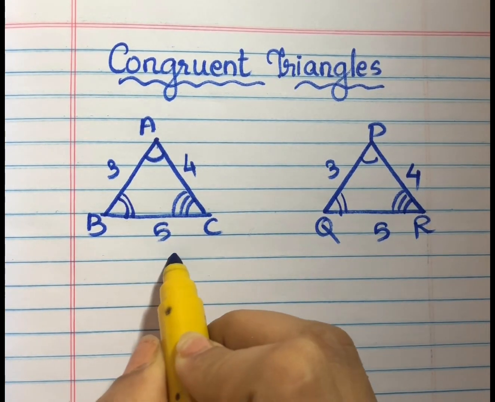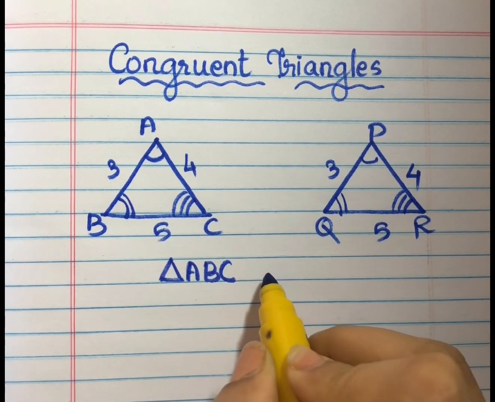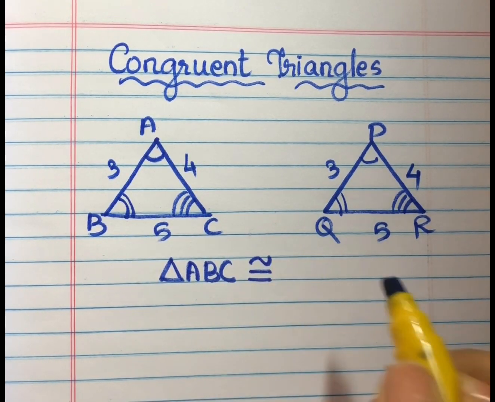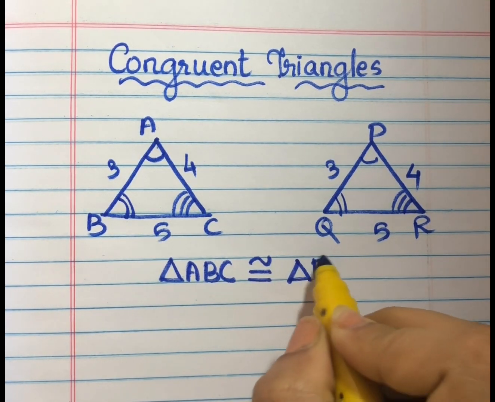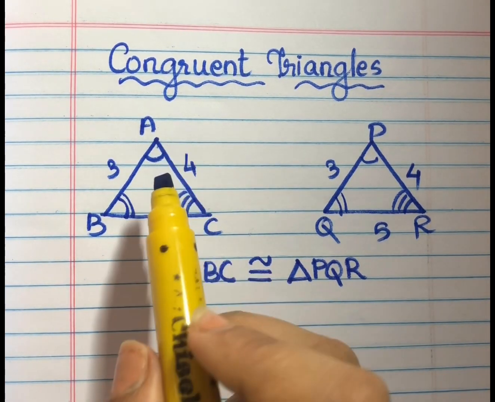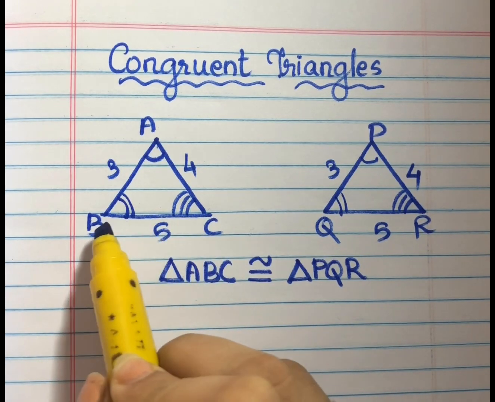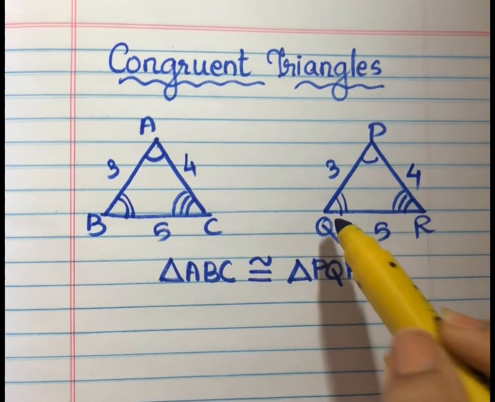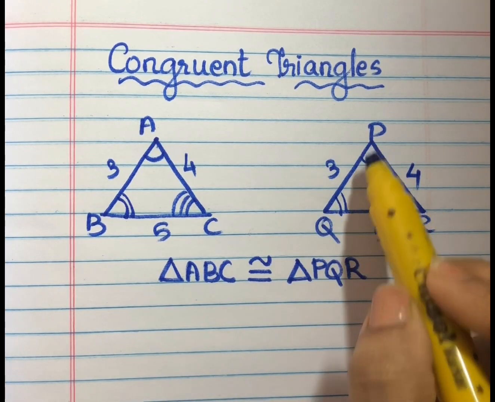So how will we write this? Triangle ABC is congruent, this is the congruence sign, to triangle PQR. So in order we will write ABC, and similarly we have to write PQR.